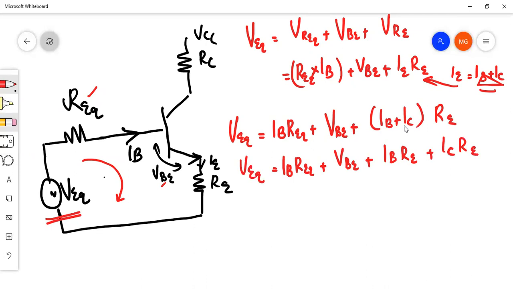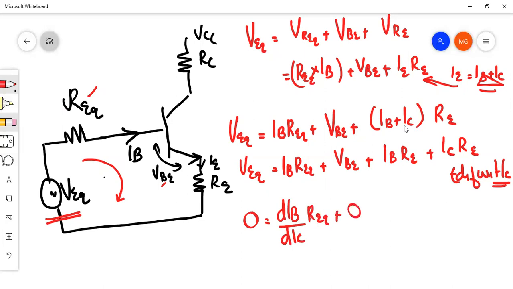I am differentiating with respect to IC. If I differentiate V equivalent, it is a constant voltage, so 0. Differentiating IB gives DIB by DIC into R equivalent. VBE differentiated gives 0, plus IB differentiated gives again DIB by DIC into RE.